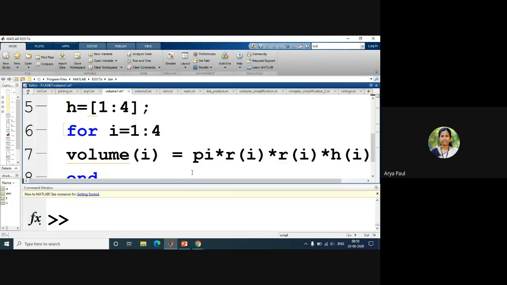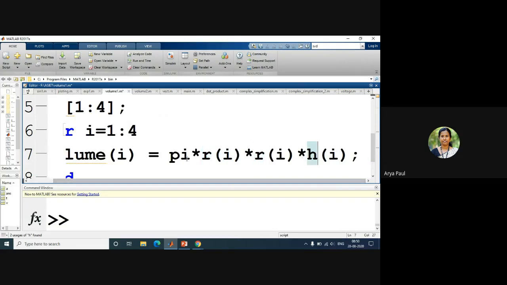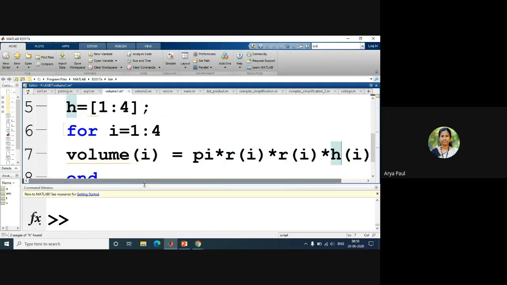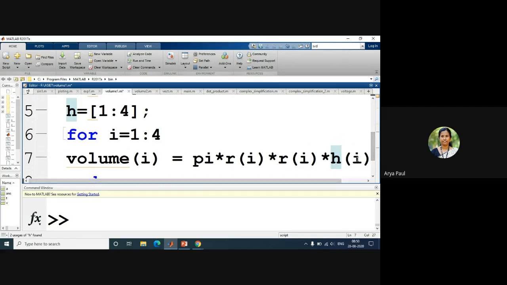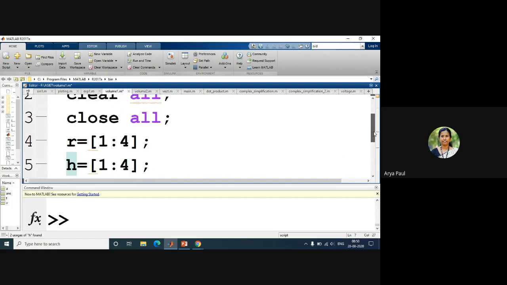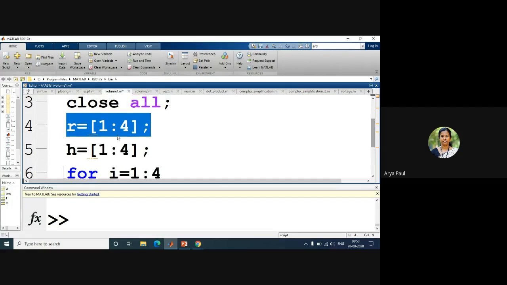What is the volume of a cylinder? Pi r square h, that is, pi into radius squared into height. How can you implement that inside a loop? First of all, you need to define r and h, that means radius and height. Here the radius is 1 colon 4. Just for convenience, I am only taking 4 cylinders.